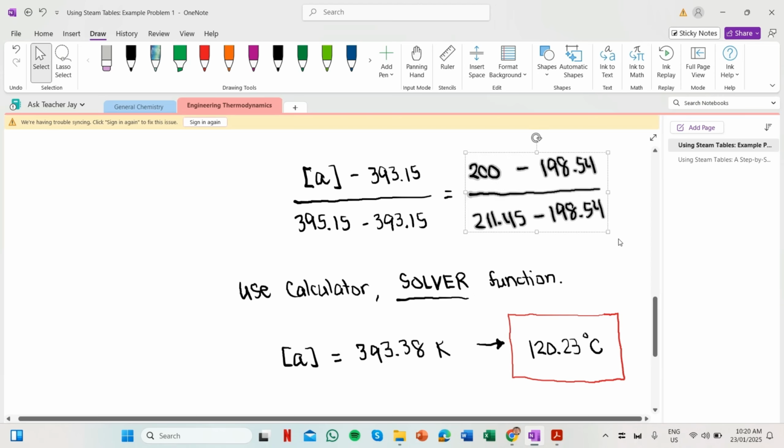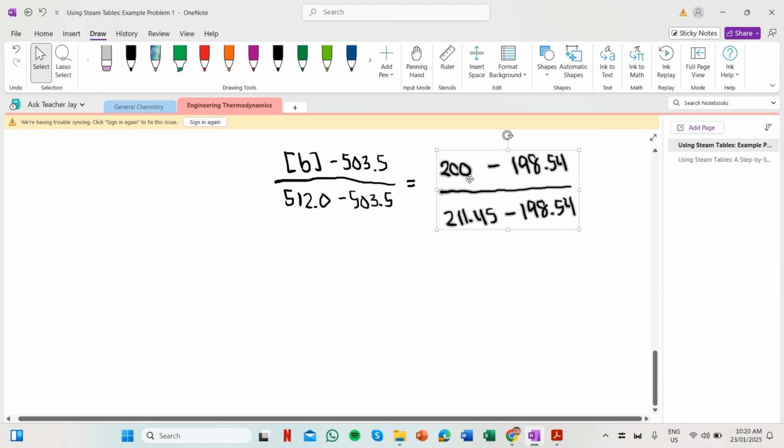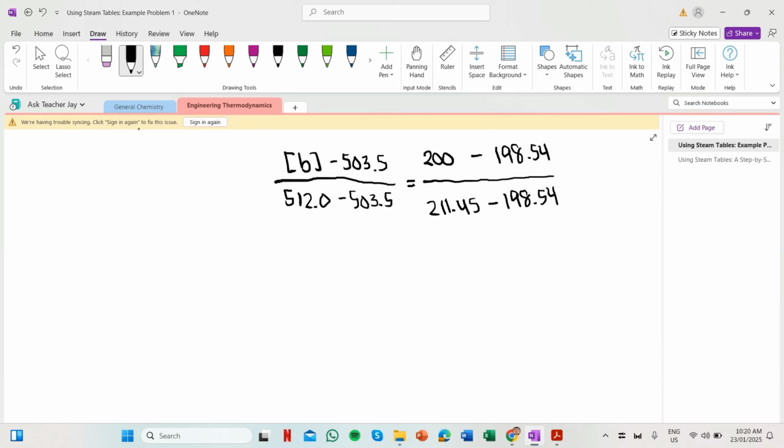I'll just copy paste this one to conserve time. Writing here in Microsoft OneNote kind of makes things slower, but it's more authentic, more like how a student really learns. You write it down.